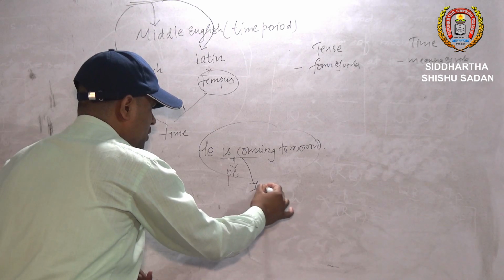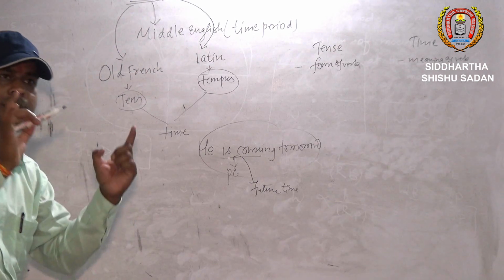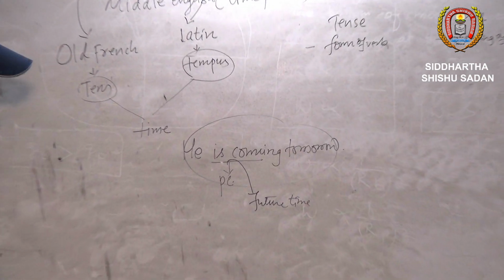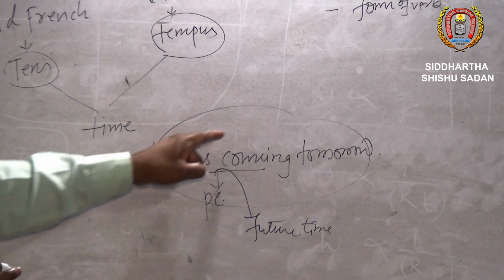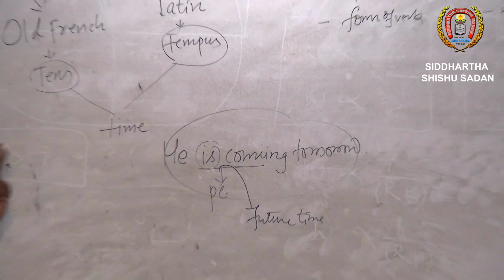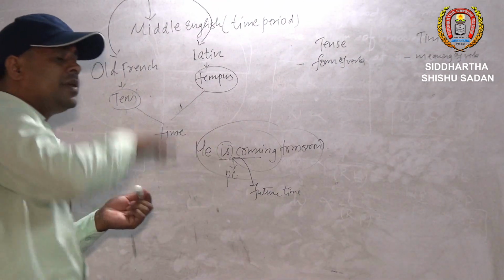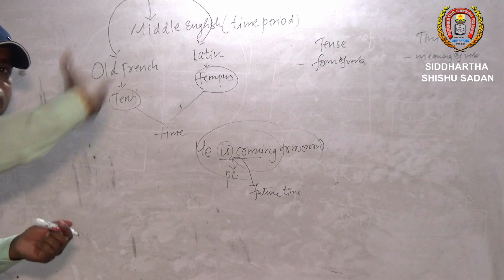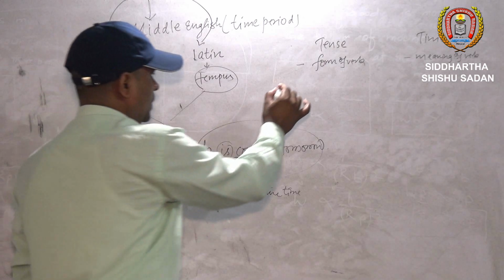It shows future time. So, my dear students, what I mean to show you here, tense denotes the form of verb, is plus the verb, whereas time denotes the meaning. Coming is coming, future time. Okay, number 2.